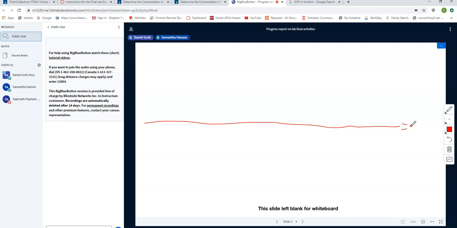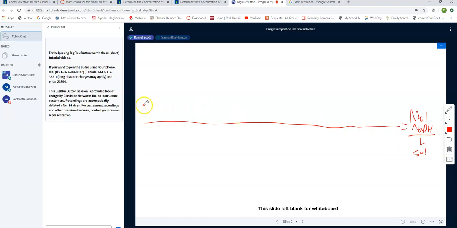Concentration. That's right. And what are the units for concentration? Grams per milliliter? No, it's just molarity. Molarity, which is moles of sodium hydroxide for every what? Liter of solution. Very good.